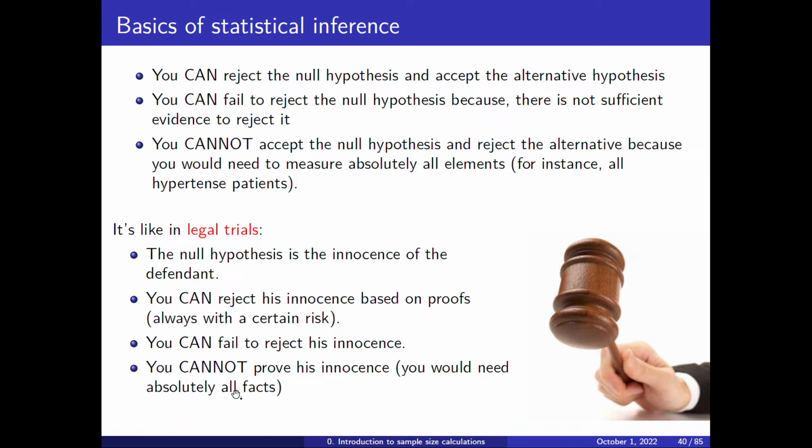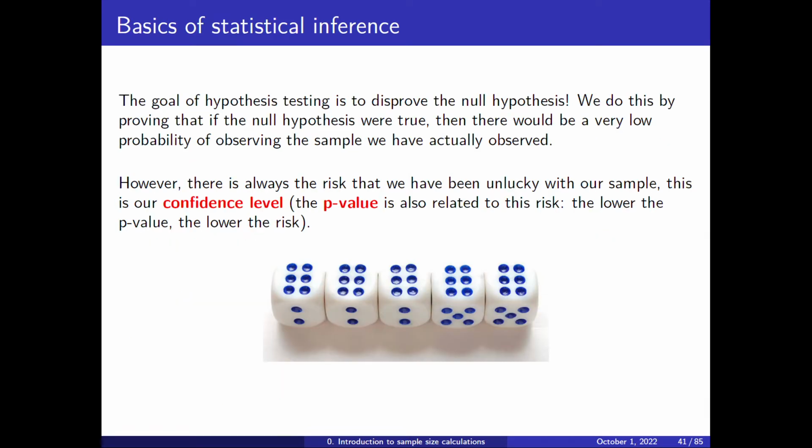In language, sometimes we are very loose about this, and we say we accept the null hypothesis, but in reality we should always say we cannot reject the null hypothesis. The goal of hypothesis testing is to disprove the null hypothesis.